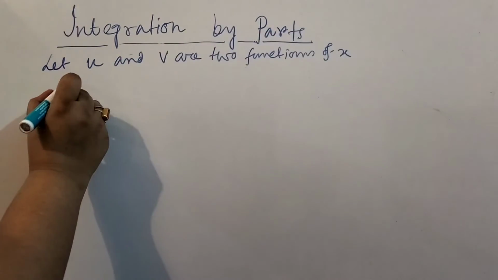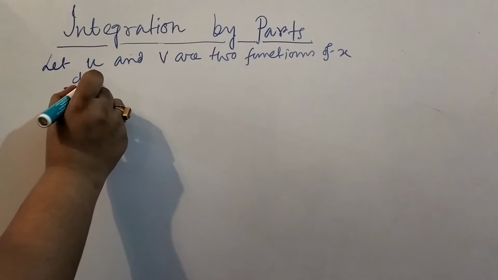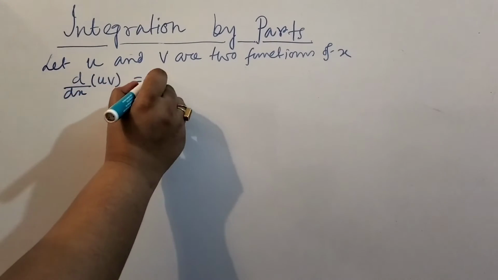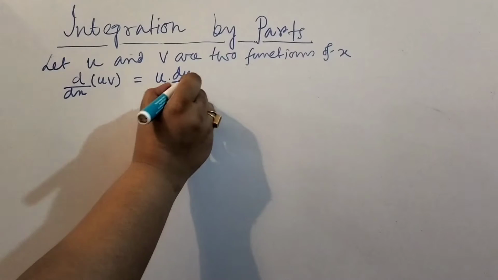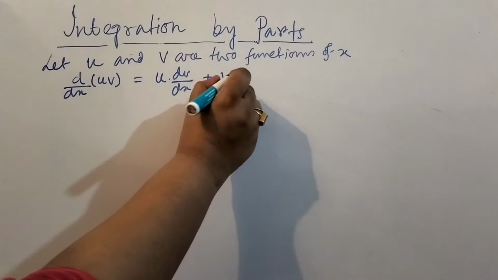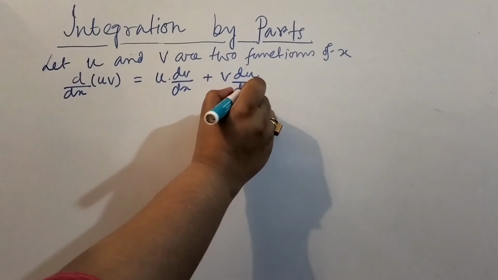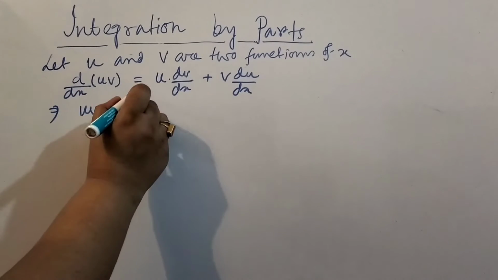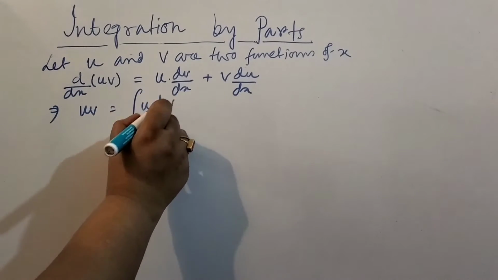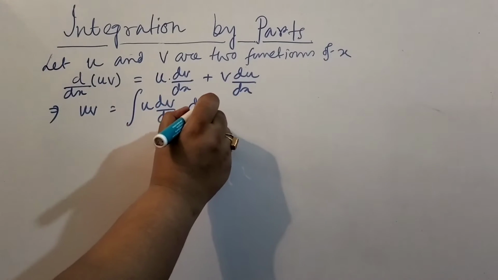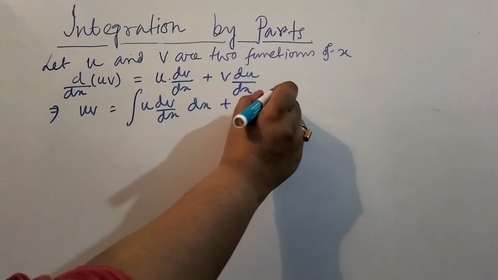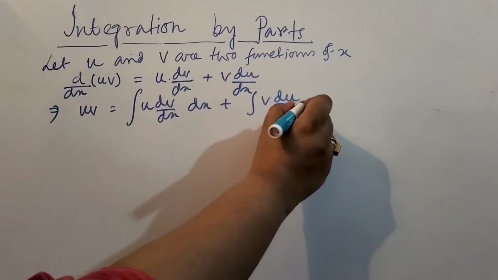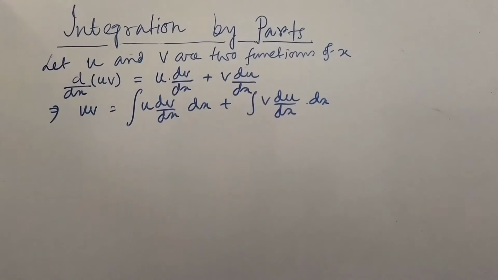Right? So we know d/dx of uv is equal to u into dv/dx plus v into du/dx, right? So this means uv is equal to integration u dv/dx with respect to x plus integration v du/dx with respect to x, right?